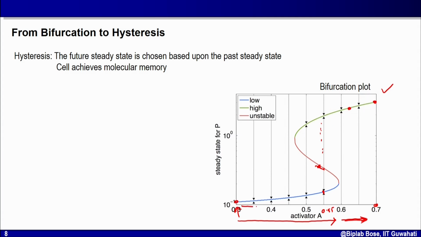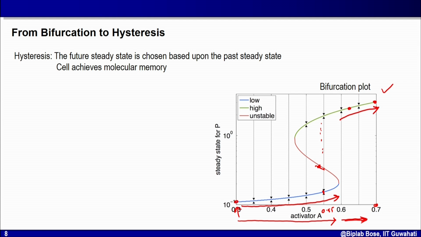So if I draw it with clarity, when I increase the value of A from a lower value up to this value near 0.6, the system will stay in the blue or the lower steady state, and then it will follow this path. So my path is like this and then jump and increase.